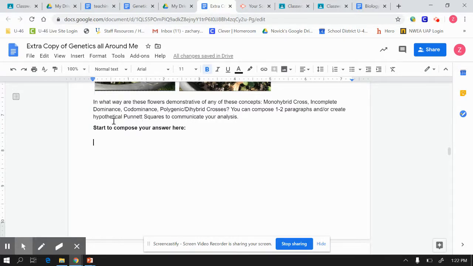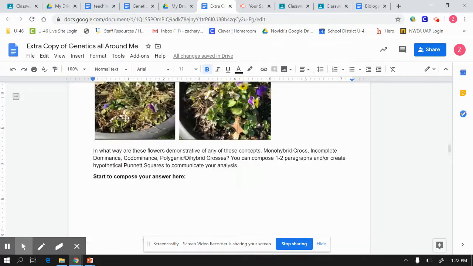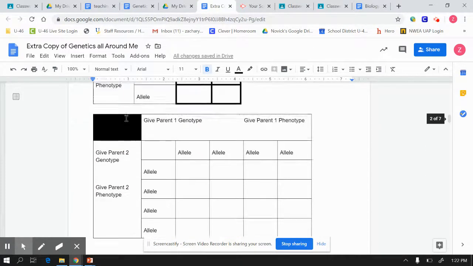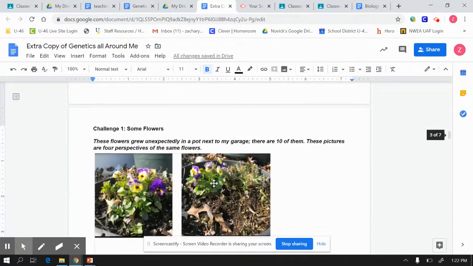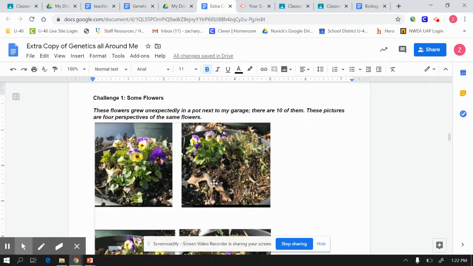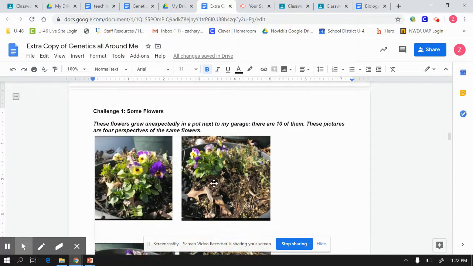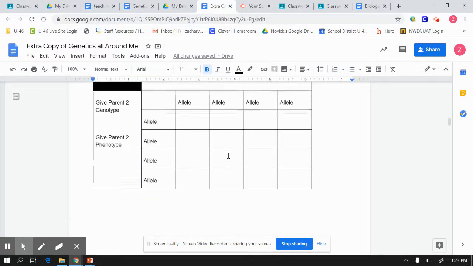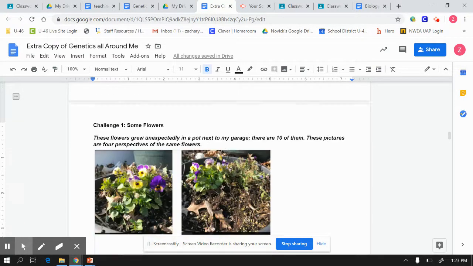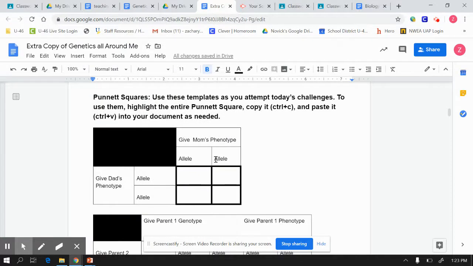All right, so what does it mean to create hypothetical Punnett squares to communicate your analysis? Well, doing that just means you have to choose how you're going to represent the alleles for any given phenotype. I am not certain, nor do I want to coach you, as to what kind of observations you're going to make about exactly how any given phenotype of these flowers is represented in its genotype.